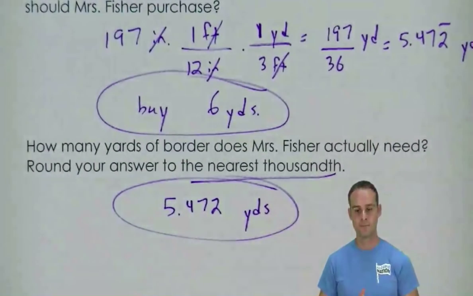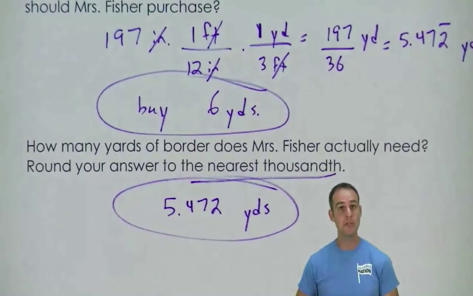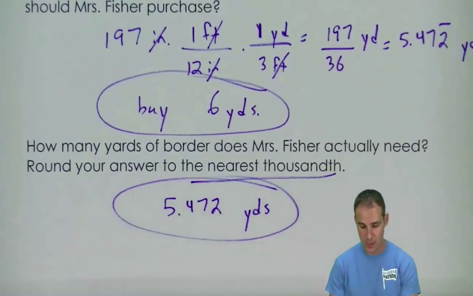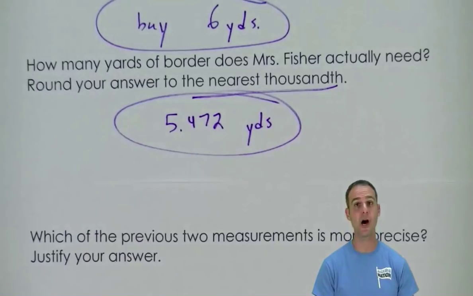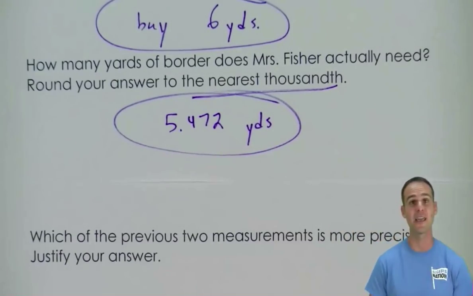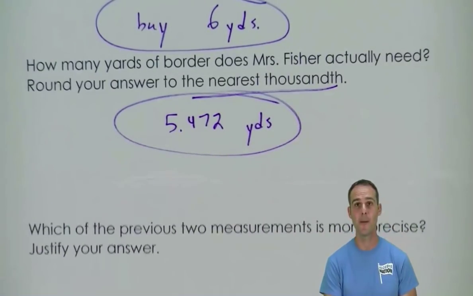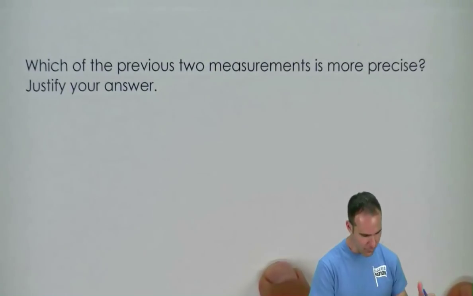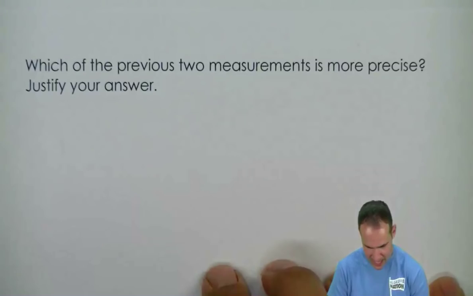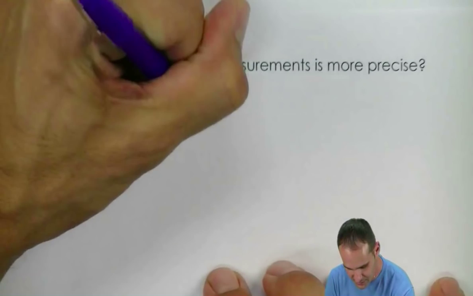Okay? Now, between these two answers that I circled, on the next page the question is, of course, which of the previous 2 measurements are more precise? Justify your answer. So which of the 2 measurements are more precise? Well, between 6 and 5.472, it would be 5.472.